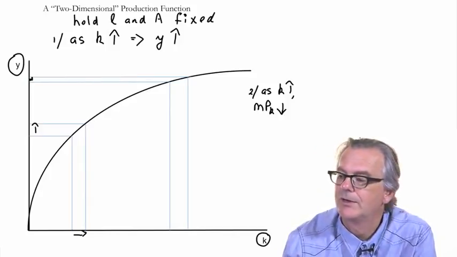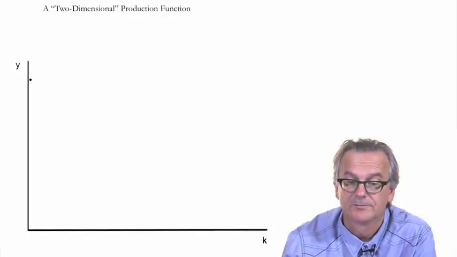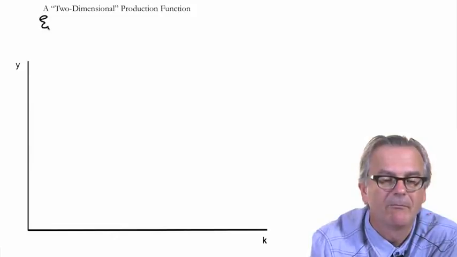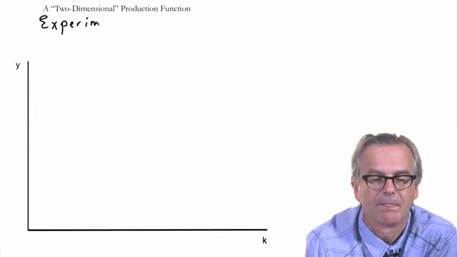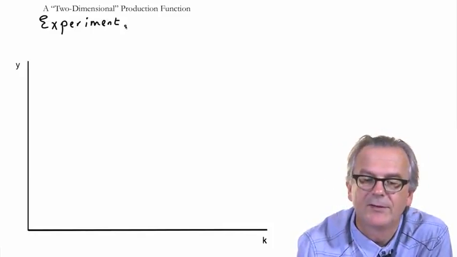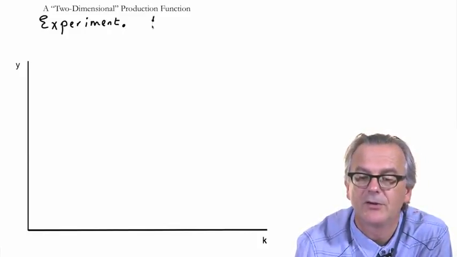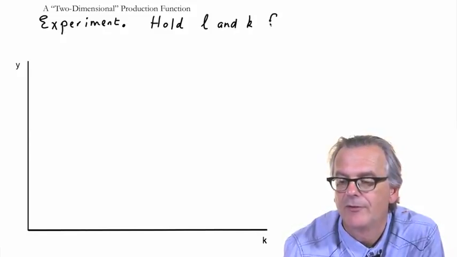There are other things we can illustrate on this diagram that are going to be very useful for us. Let's think about the following experiment. And the experiment is this. This time I want to show you how the two-dimensional production function can be used to illustrate the following circumstance, where we hold labour and capital fixed.